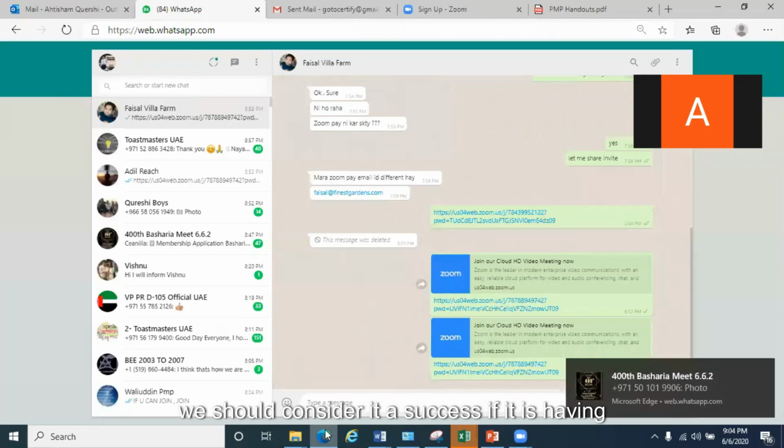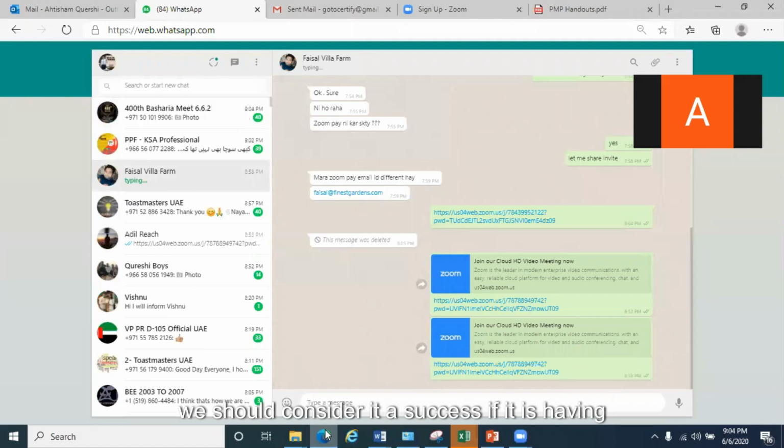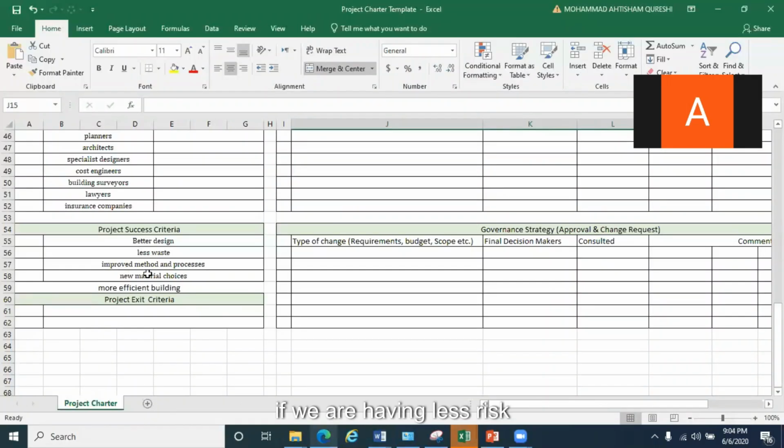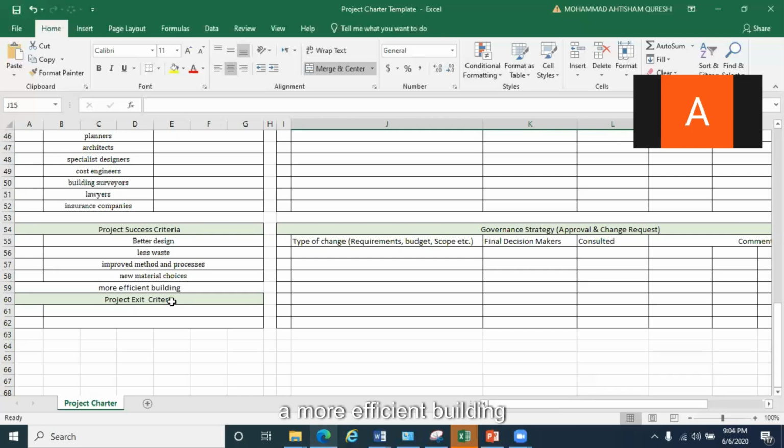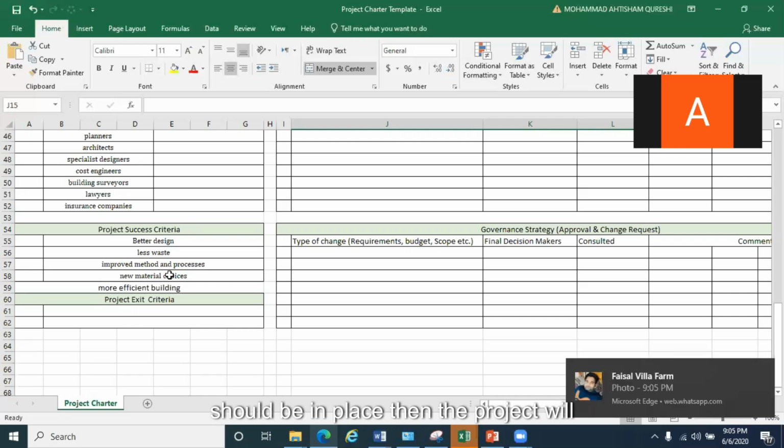We should consider it a success if we are having less waste, if we are having sustainable, a more efficient building, right? So once we have a constructed building, we can say that we succeeded, or these things should be in place, then the project will succeed, right?